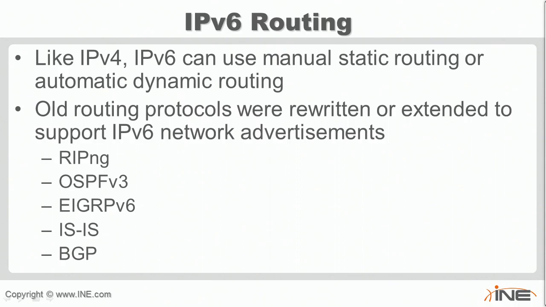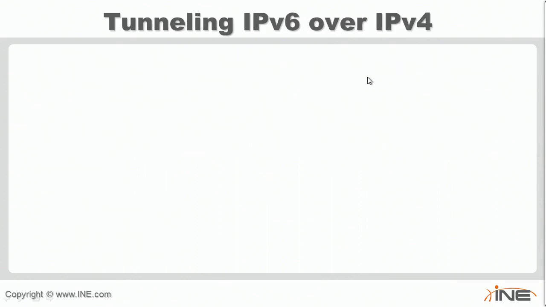The other key point for this is how do we get the IPv6 packets to go over the IPv4 network? Because as it stands now, the vast majority of the internet does not run IPv6 routing. Most of it still runs IPv4 routing.